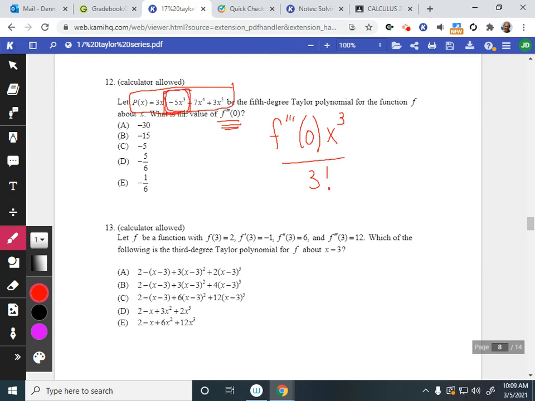Hope everybody's okay with that. This term, which would yield an x to the third, needs to match this term once it's reduced. So how do you figure out what the third derivative is? Well, the third derivative of f at 0 divided by 3 factorial should be the same as negative 5. So the third derivative at 0 should be negative 30. A.